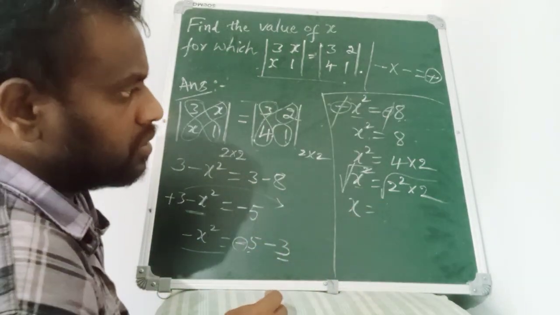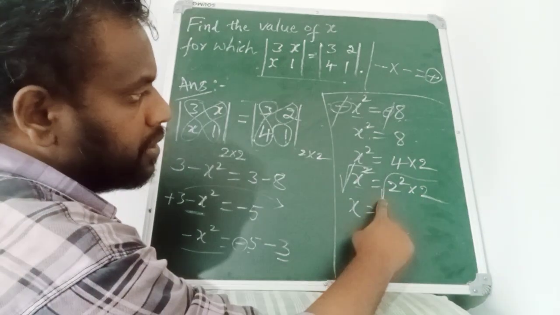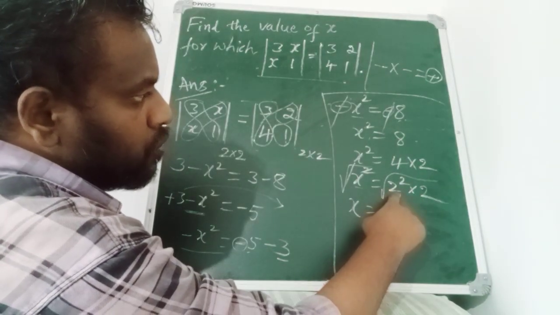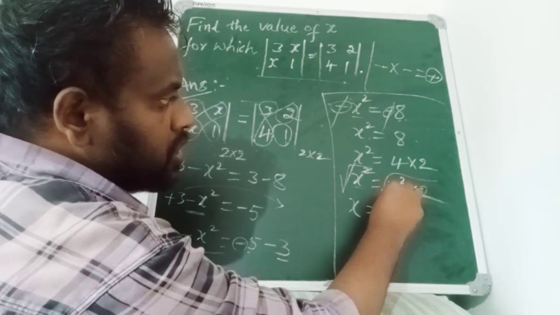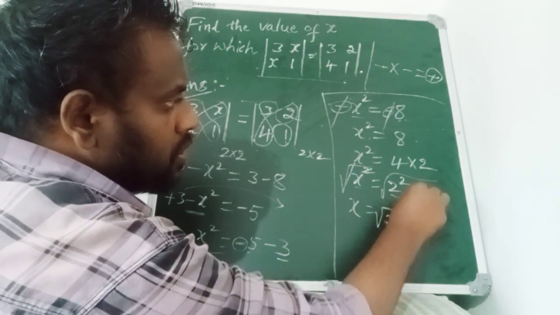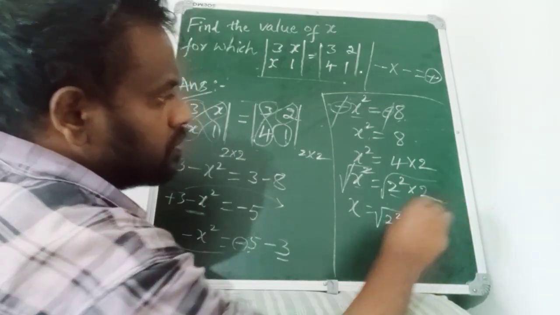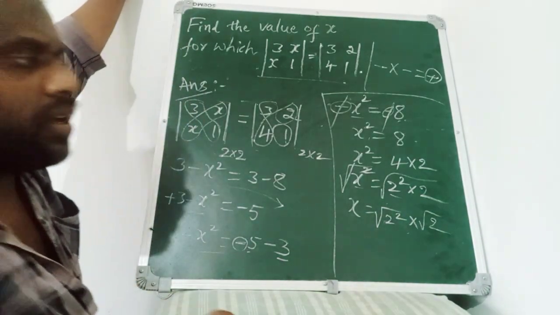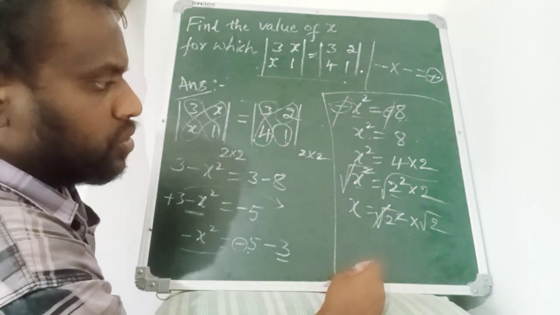And next, here the into sign is there, multiplication. So we can split this square root, for this separately and for this separately: square root of this 2 square into square root of this 2. Now see, this square root cancels out.